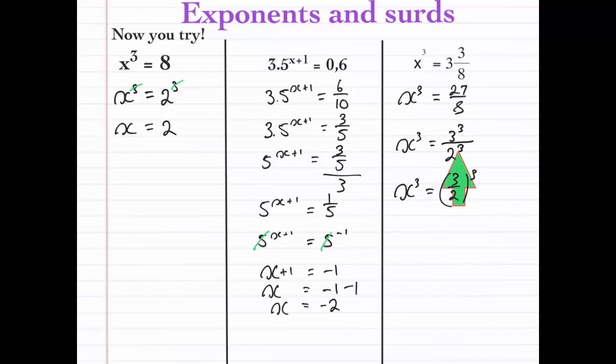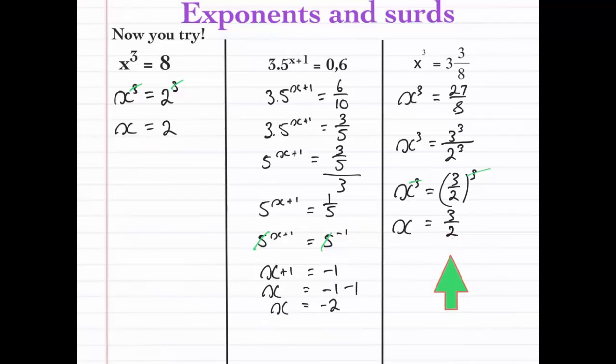So that is exactly the same as that, right? And then look, the exponents are the same because that's what we're trying to do, because the variable is a base. So I can basically say we can cancel that one and that one. So x equals 3 over 2, or 1.5 if you want to rewrite that back into a mixed fraction.